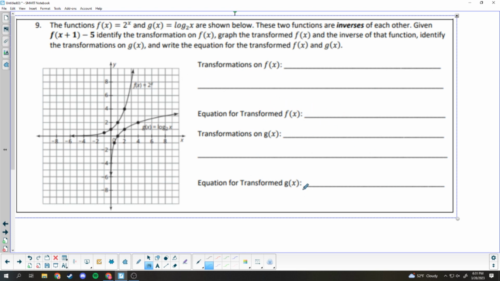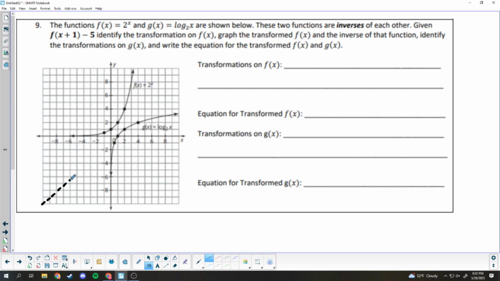Okay. But here's what I want to show you. So what we talked about today is that when you take the inverse of a log, or sorry, the inverse of an exponential, so like problem 7 going into problem 8, these two functions are inverses, right? The log and exponents are opposites of each other.